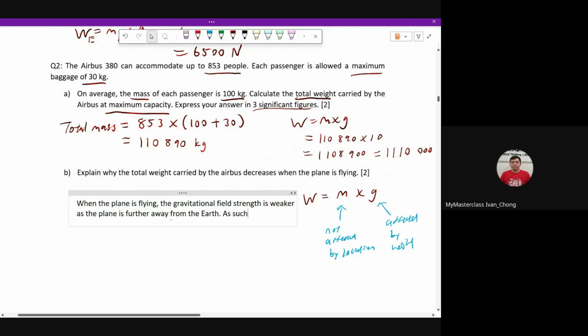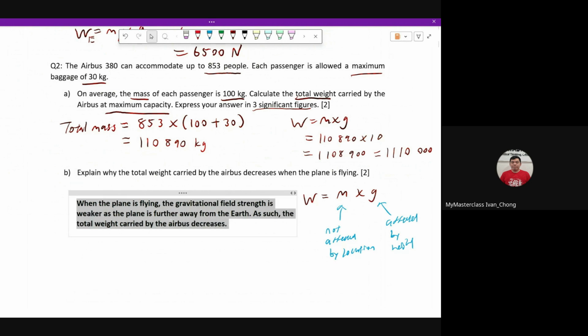As such, the total weight carried by the Airbus decreases. So you just need to answer back the question itself.